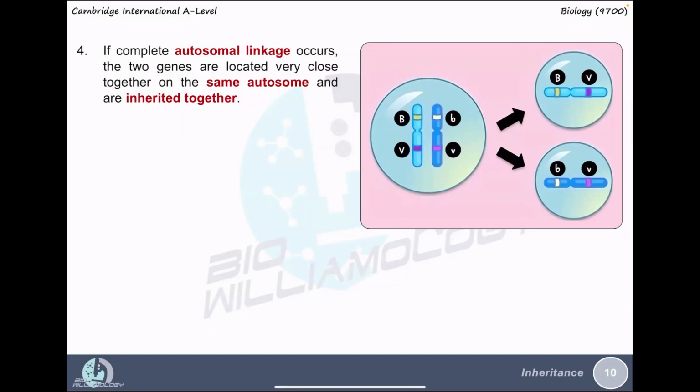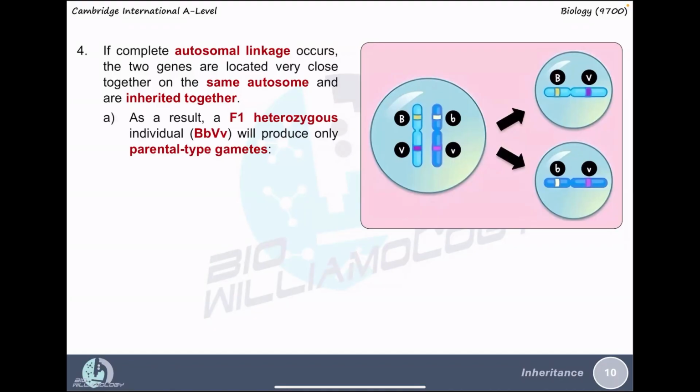Recessive allele B and recessive allele V are again located on the same chromosome. So during segregation of homologous chromosomes in meiosis 1, we can see that dominant allele B and V are always together, and recessive allele B and recessive allele V are, again, always together.